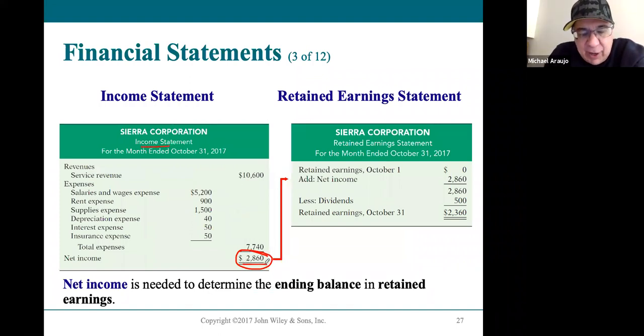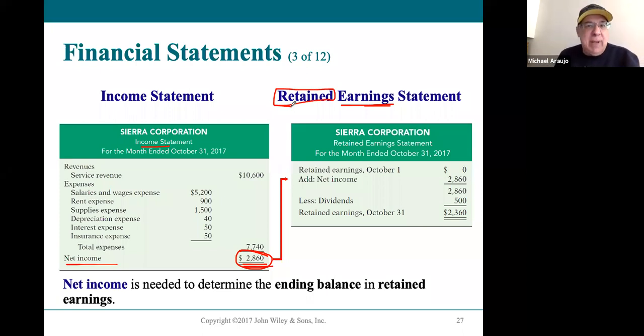The profit for October is $2,860. When you say let's reinvest it in the company, we're going to have to decide how much of these profits will be kept in the company for reinvestment. Profit, net income, earnings, they're all the same word, interchangeable. If we made $2,860, how much of this money is going to be kept in the company for reinvestment?